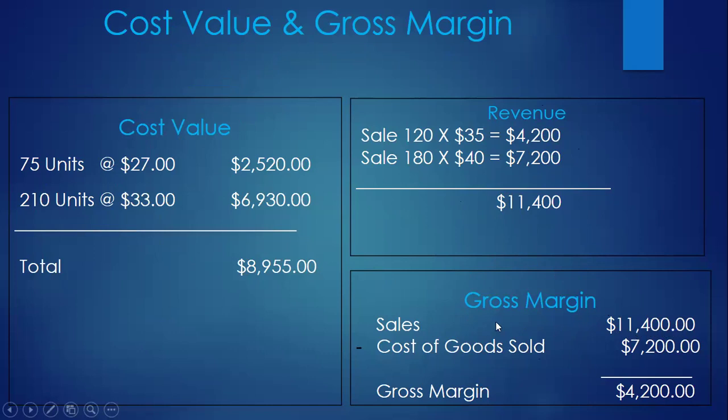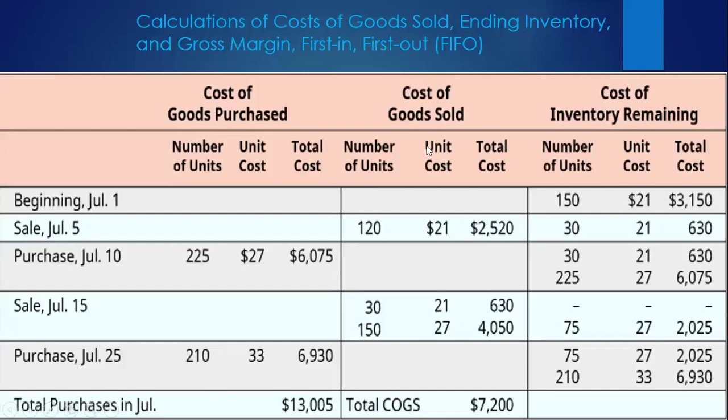11,400 less the cost of goods sold. It's right there. That's what I was doing here. Cost of goods sold, or cost of the sold goods. Right there I have this amount, 120 at the rate of 21. This is my sell transaction, but cost wise. It's not a margin. It is not selling prices.